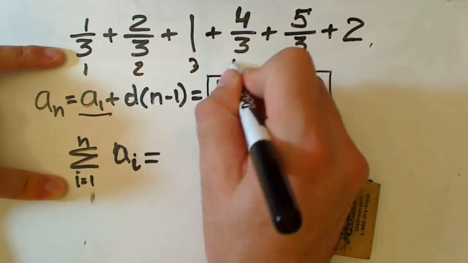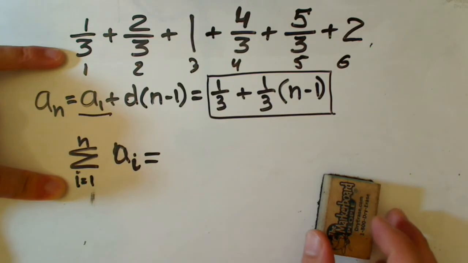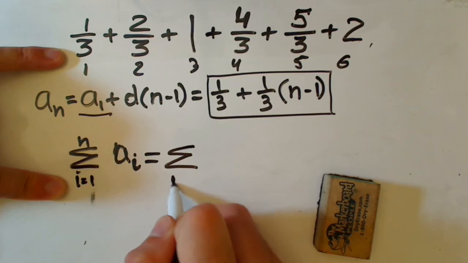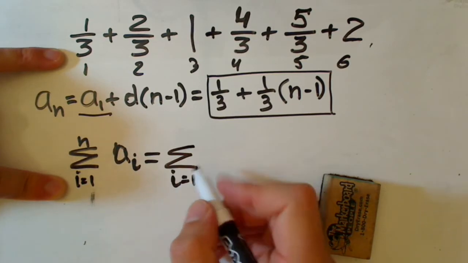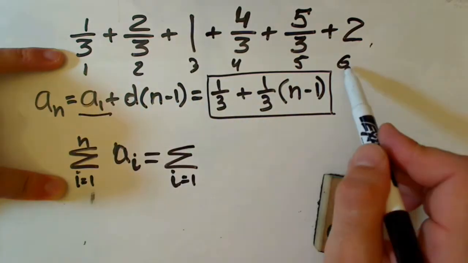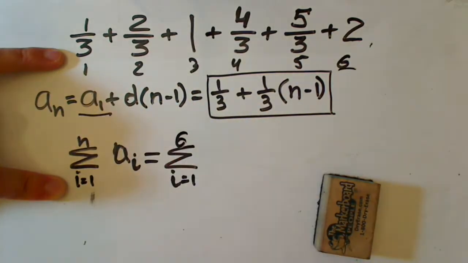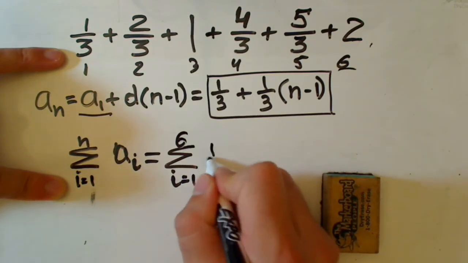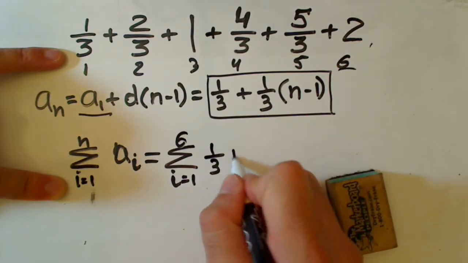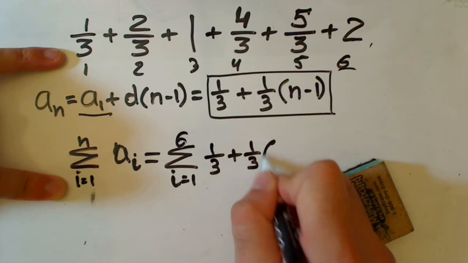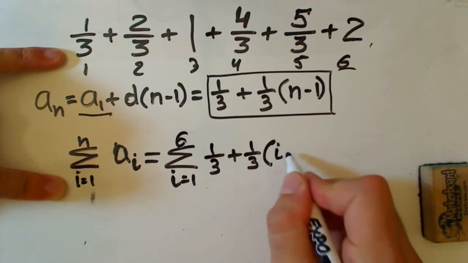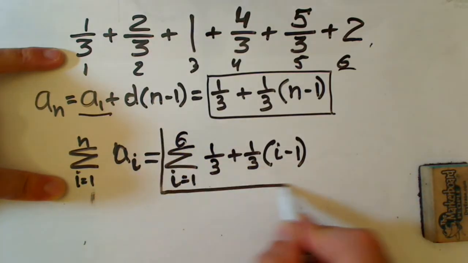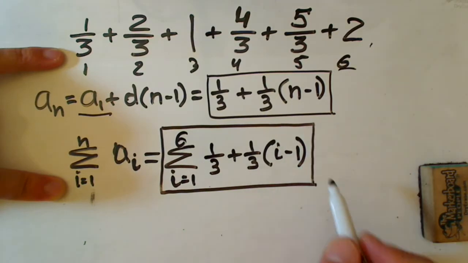These are our places, 1 2 3 4 5 6, and the sigma notation will start at i equals 1, and we have totally 6 of them. And what is our ai? It is what we had before, 1/3 plus 1/3, now instead of n we use i minus 1. This is our sum in sigma notation without simplification.